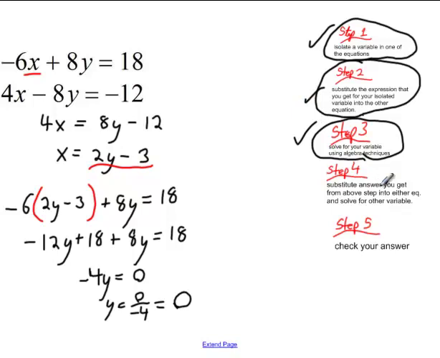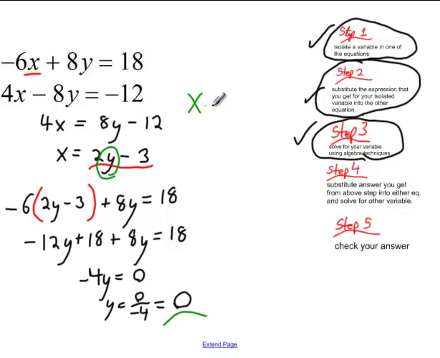Step 4, substitute the answer you get into the above equation into any one of the other ones. So if we have y is equal to 0, let's substitute that in right here for this y and solve for x. We'll do this in a different color, we'll do it in green.